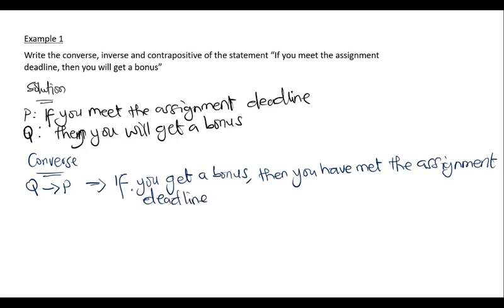So we can see that "if you get a bonus" is from the Q statement that we have over here. We just added "if you" to get the statement Q, then we brought a comma, then "you have met the assignment deadline." That is the converse of the original statement P and Q that we have.